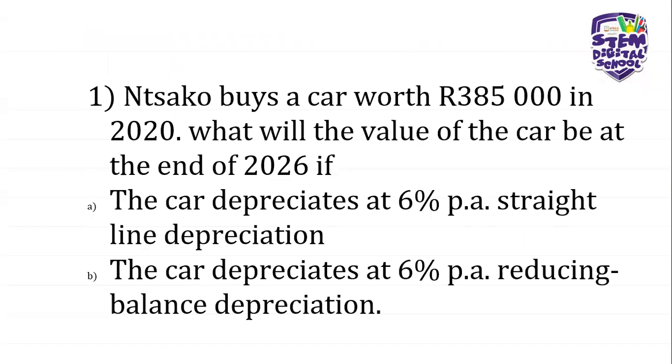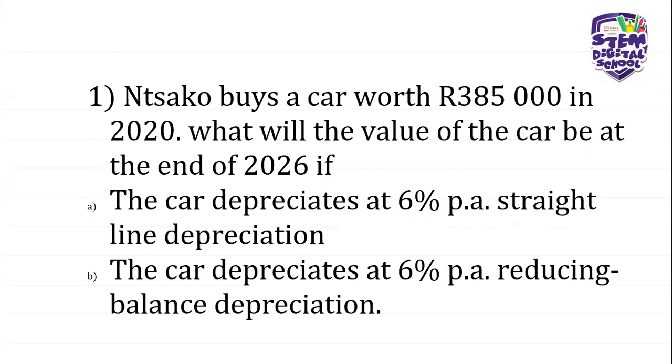And the first one here is just to look at the value of the car when it depreciates on two different levels. The first one being the straight line depreciation, and of course the other one being the reducing balance depreciation.